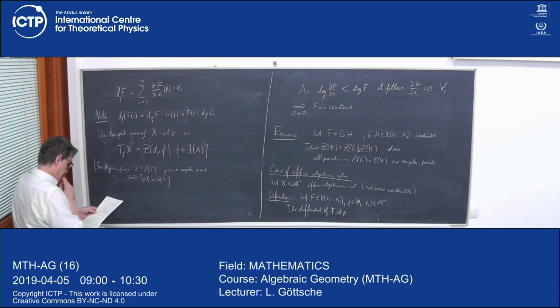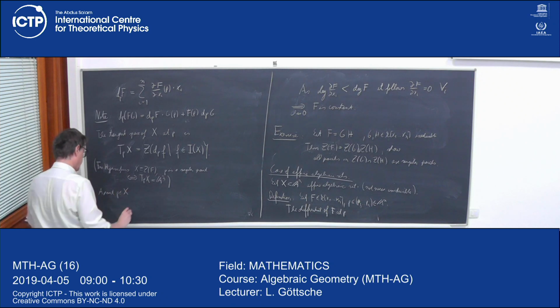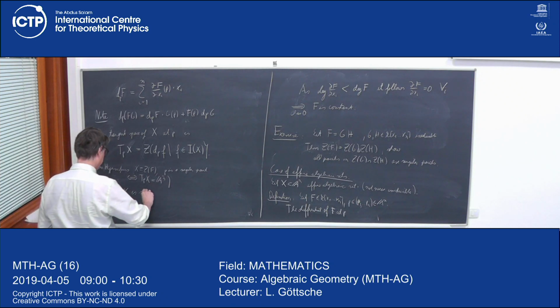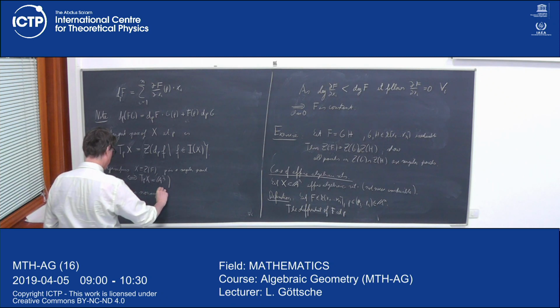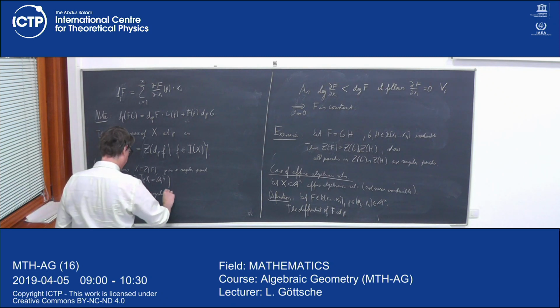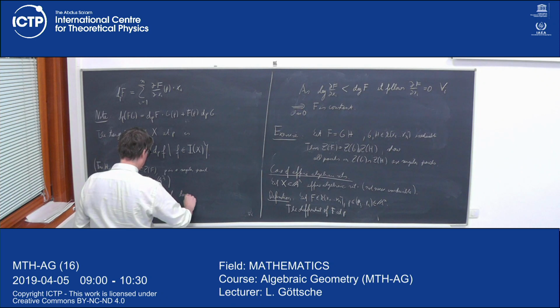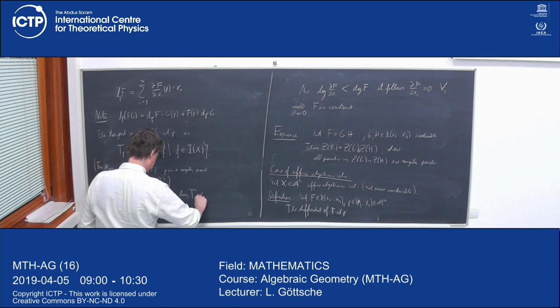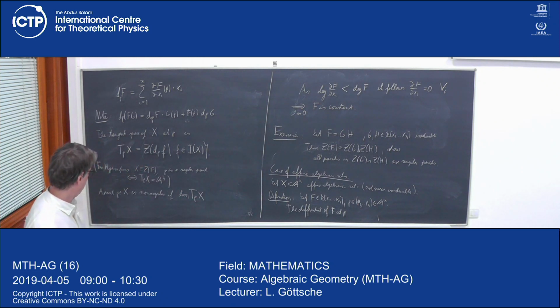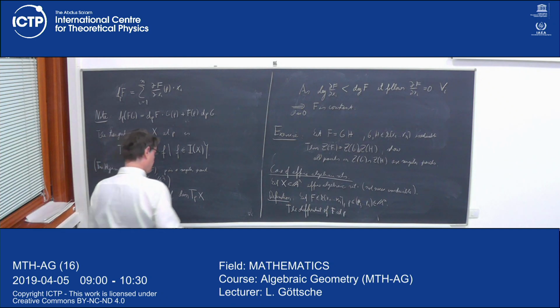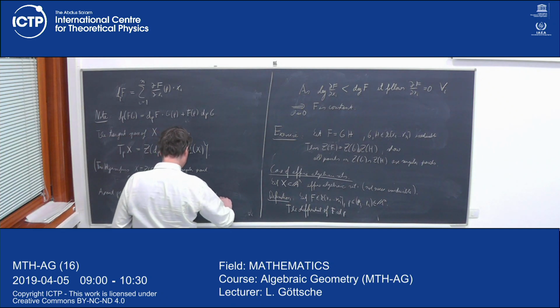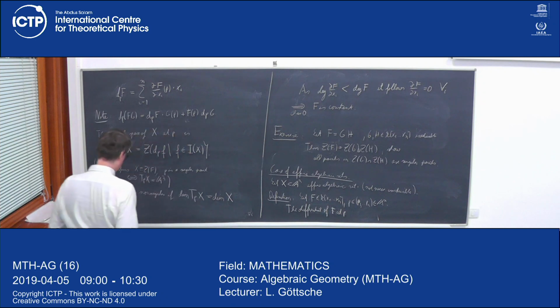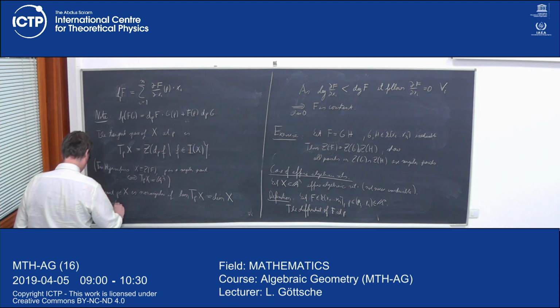We say a point p in X is non-singular if the dimension of the tangent space at p in X is equal to the dimension of X, otherwise it's singular.